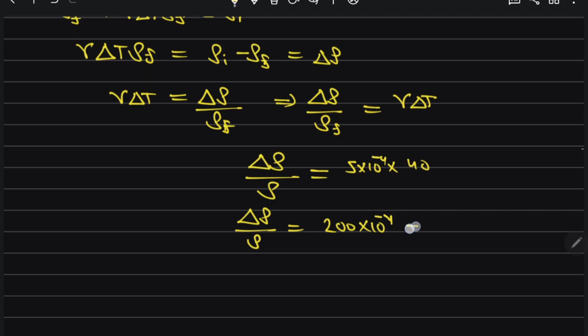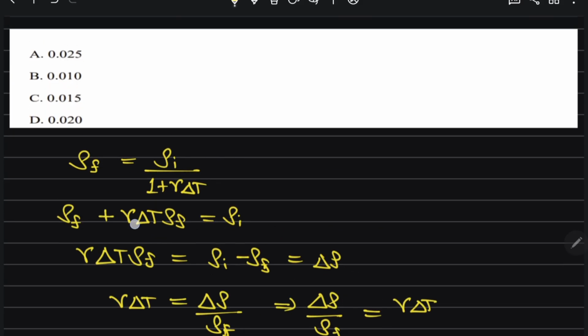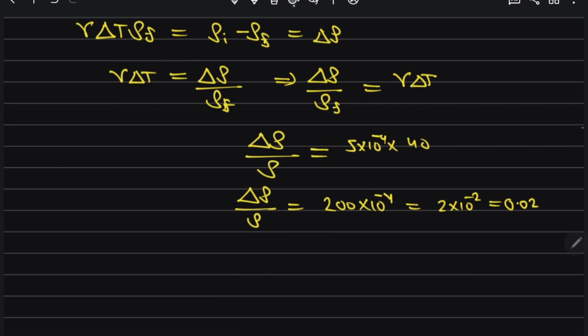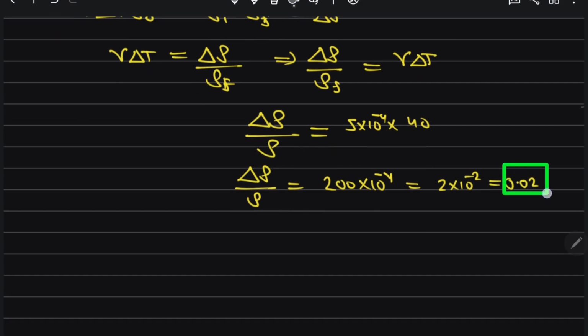So this comes out to be 2 into 10 to the power minus 2, means 0.02. Option D is correct.